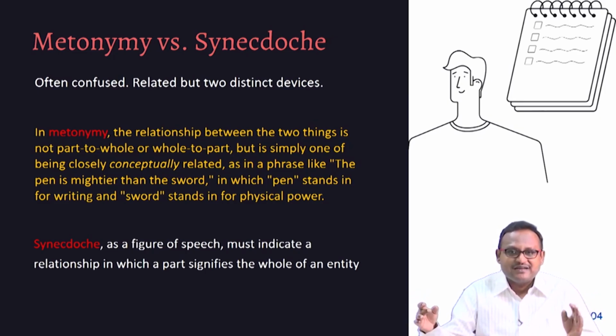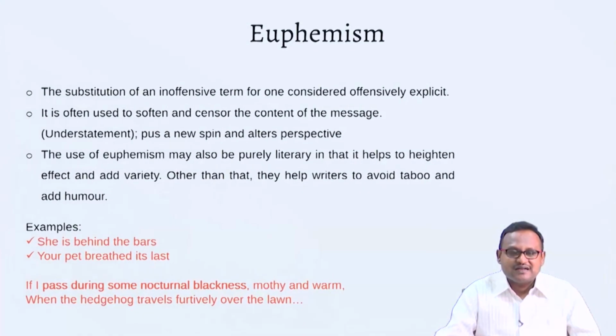But in synecdoche, a part replaces the whole, like the head stands for human being, greybeard stands for the old person. So, a part replaces the whole. That is a crucial distinction that you have to keep in mind when using metonymy and synecdoche. From these two things, let us move on to euphemism. Euphemism is another rhetorical device, and of course also used in poetry and becomes a figure of speech.